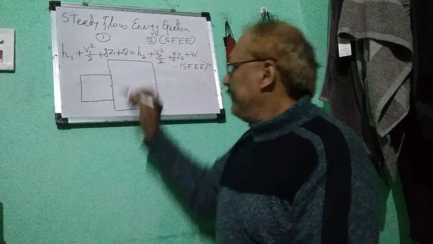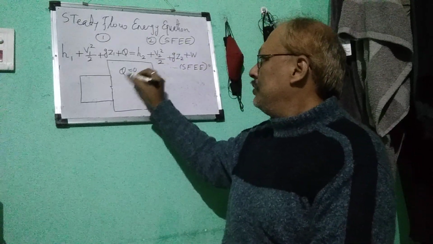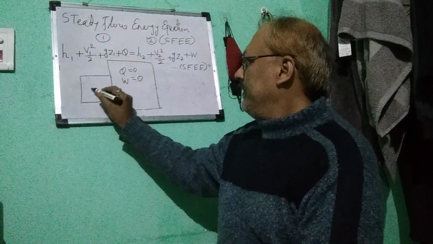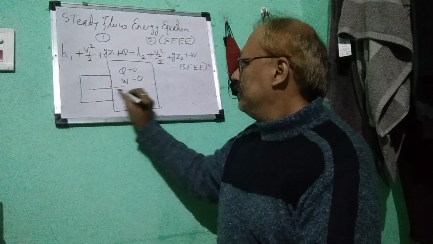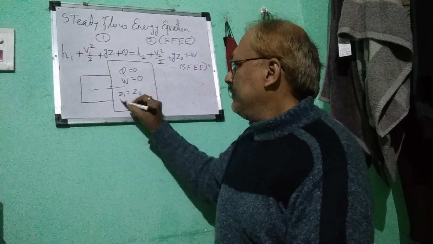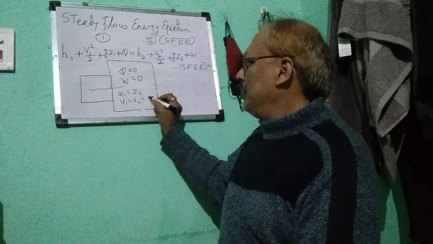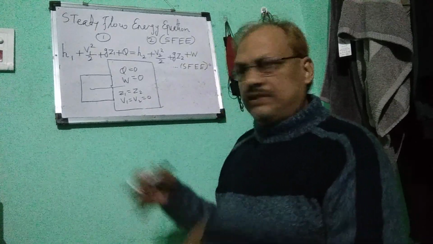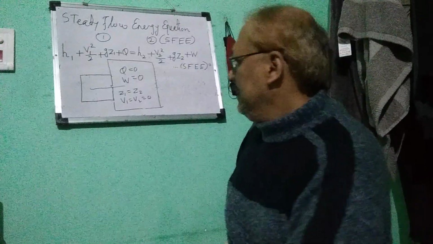No heat transfer, Q equals 0, no work, Z1 equals Z2, and V1 equals V2 equals 0, because there is no velocity, they are just slowly expanding.